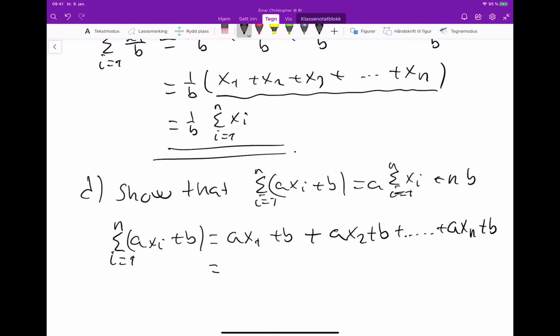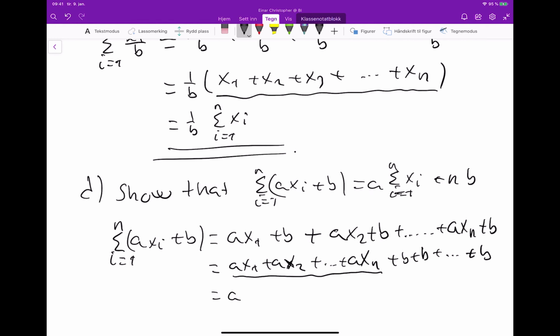And rearrange this, we get ax1 plus ax2 plus ... plus axn plus b plus ... plus b. And in this first n terms, here we can factorize a outside, so we get a parenthesis x1 plus x2 plus ... plus xn.